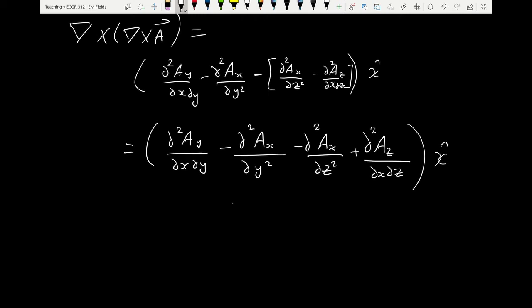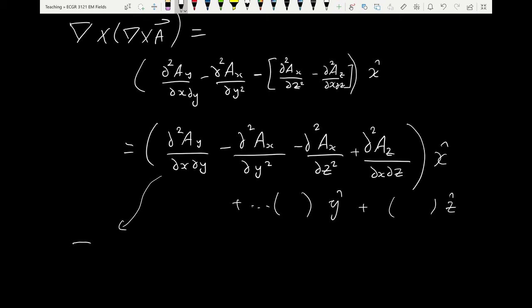And then I don't want to do the y hat components and the z hat components. I want to show that from symmetry, they're going to look the same as the x hat component, right? But what is this? I want to simplify this.